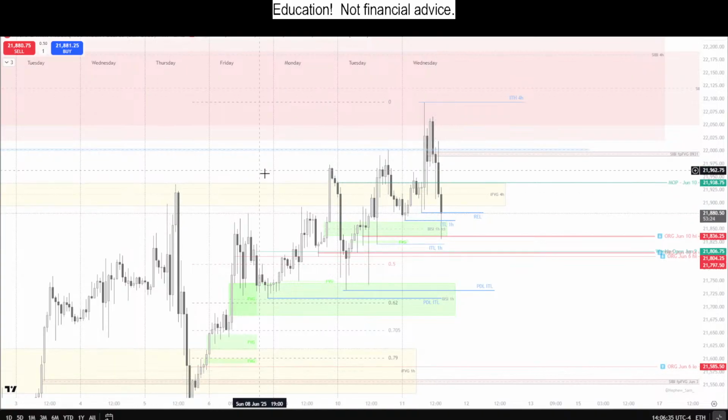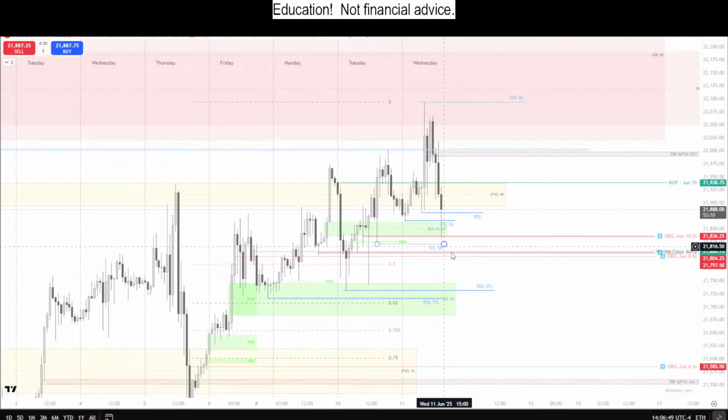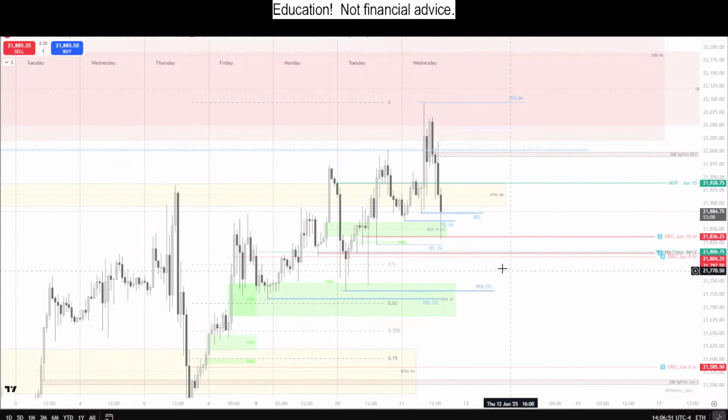Made a new high, higher high, wick down, came back up, a higher high. We didn't wick down as much after the high this time, but we did on the way up. And then a new high, and then wicking back down. Question is if this is just a retracement before dropping further.